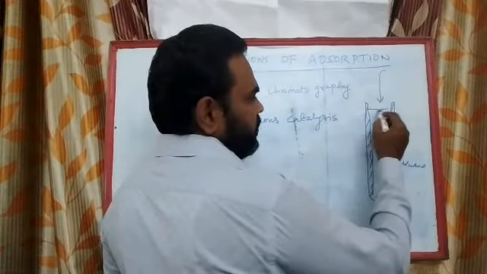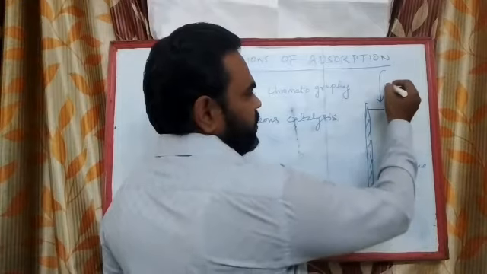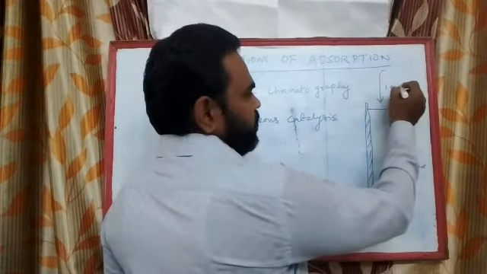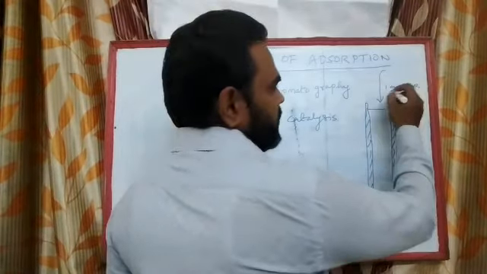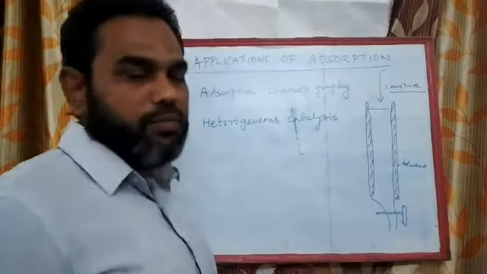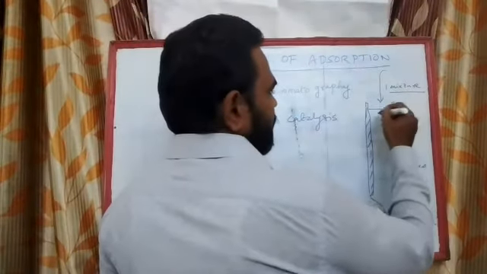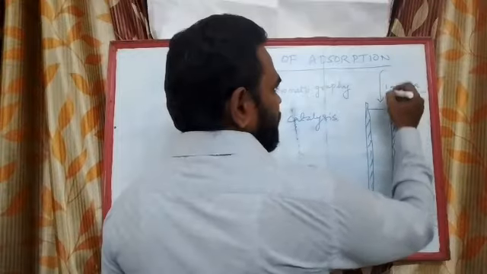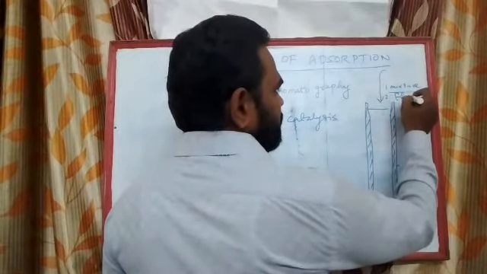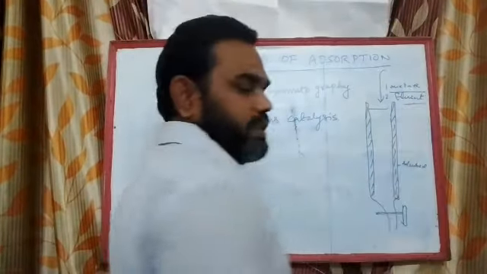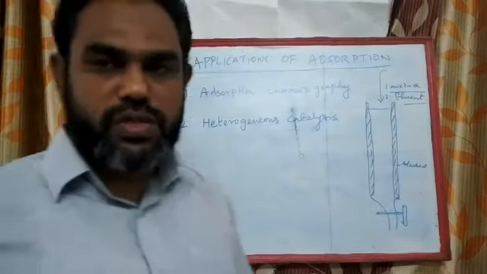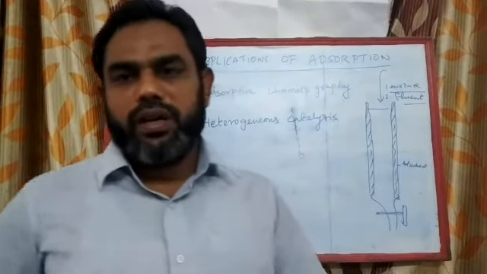First the mixture of the substance is poured inside the column, and then later the eluent. Eluent is nothing but a solvent used to separate the compounds.